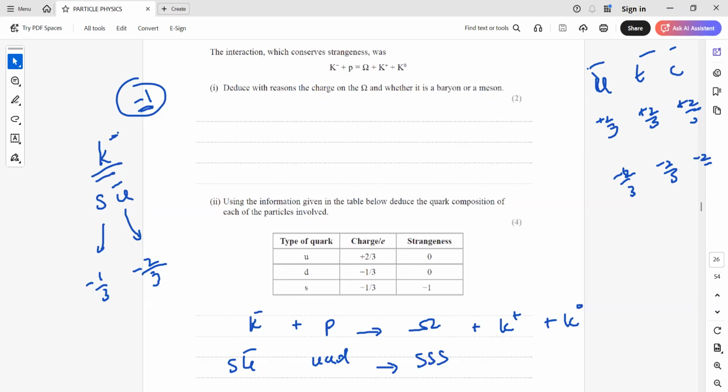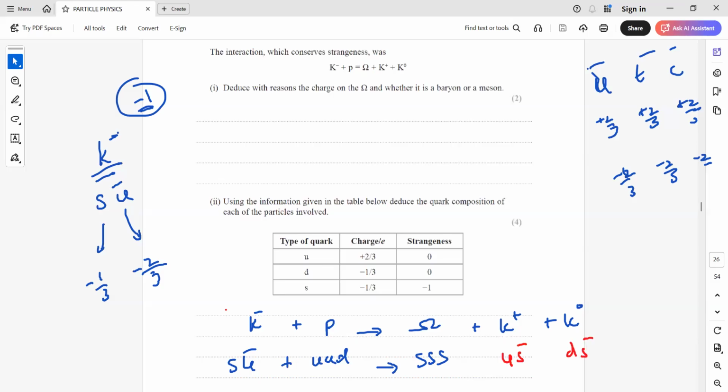Because the total number of particles on the left and the right must be the same, it must be conserved. Or if on one side we have a particle, on the other side we should have its anti-particle, so they cancel out each other. So what about K plus? It is up and anti-strange. And what about K neutral? It will be down and anti-strange.